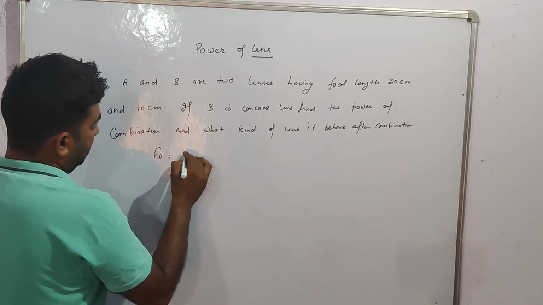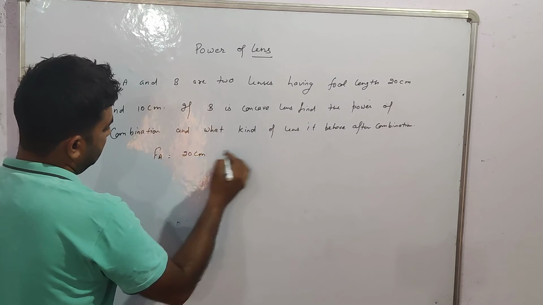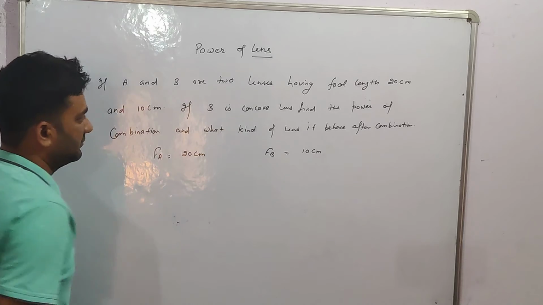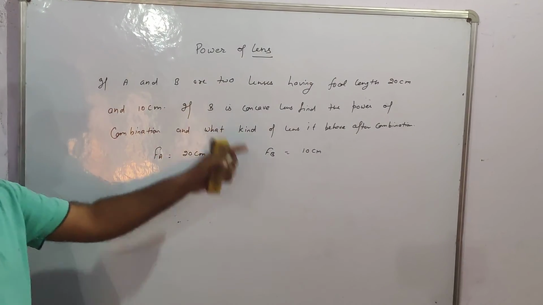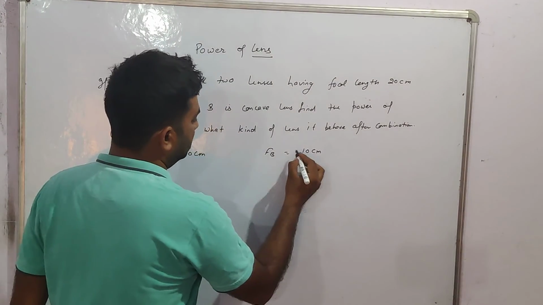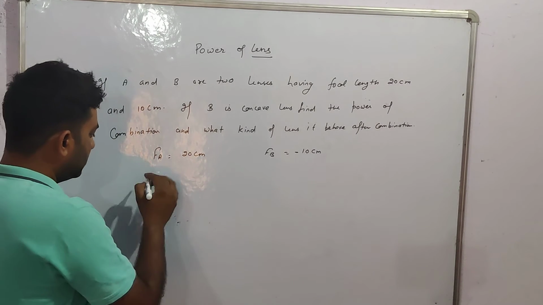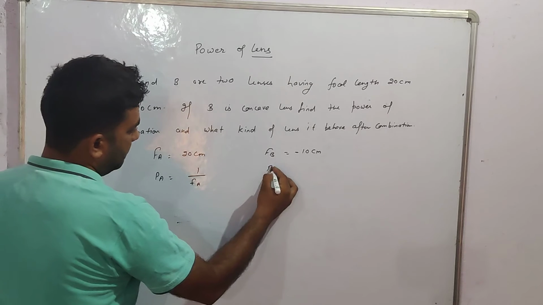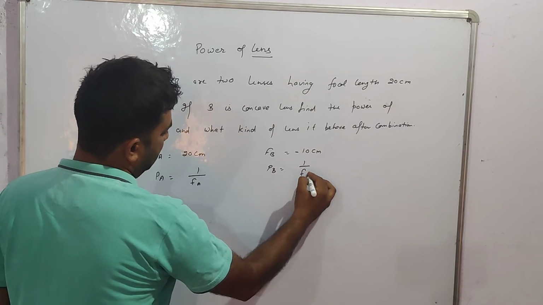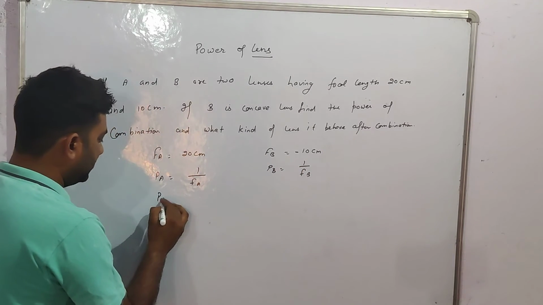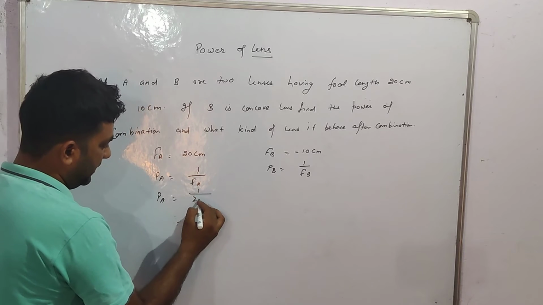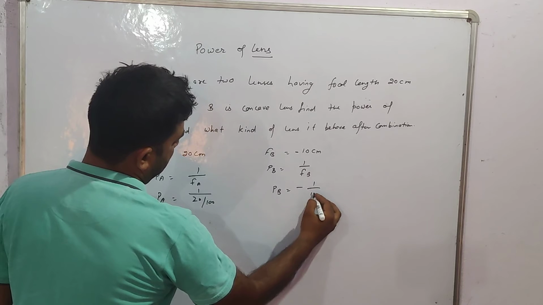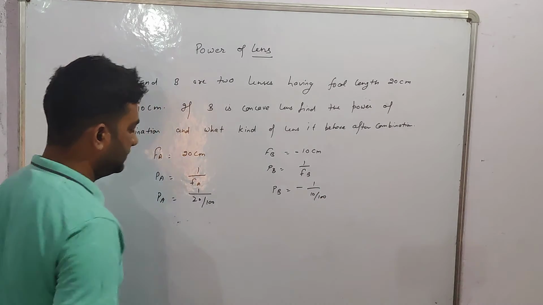So f of A is equal to 20 centimeter, f of B is equal to 10 centimeter. Now if B is the concave, then it is equal to minus 10 centimeter. So PA is equal to 1 by FA, PB is equal to 1 by FB. So PA is equal to 1 by 20 by 100 and PB is equal to minus 1 by 10 by 100.